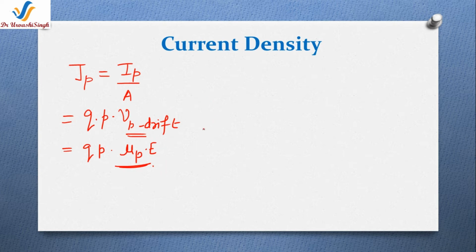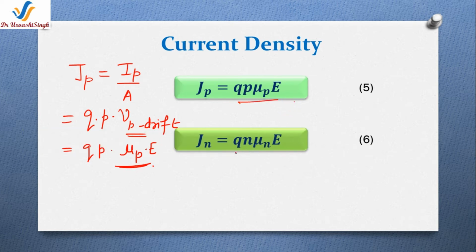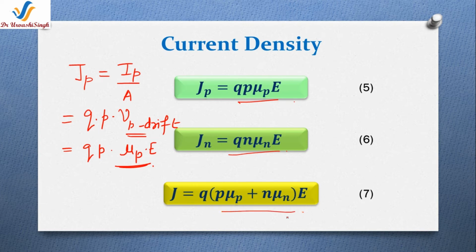So the current density due to holes is given by equation 5, and for the electrons it is given by equation 6, and the total current density in the silicon bar is given by equation 7.